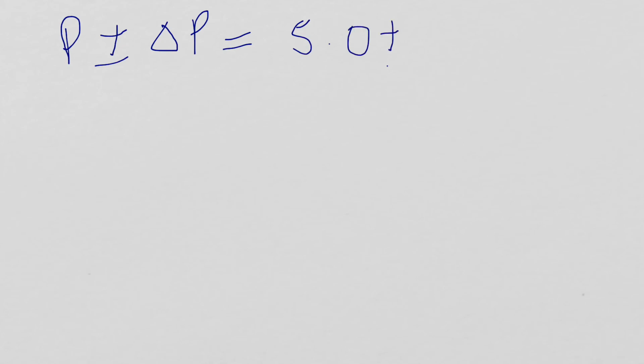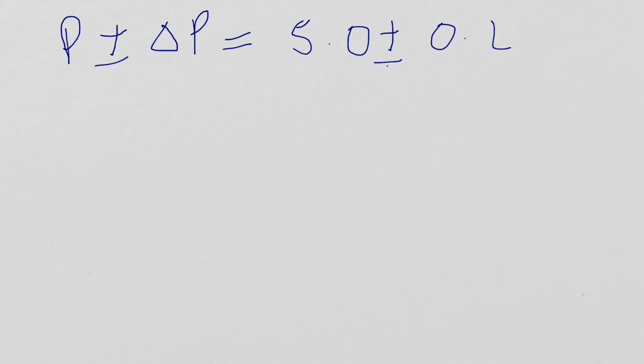Now we will take another example. In that, there will be addition and subtraction combined. Suppose they have given a question here. They have given P plus or minus delta P equals 5.0 plus or minus 0.2.